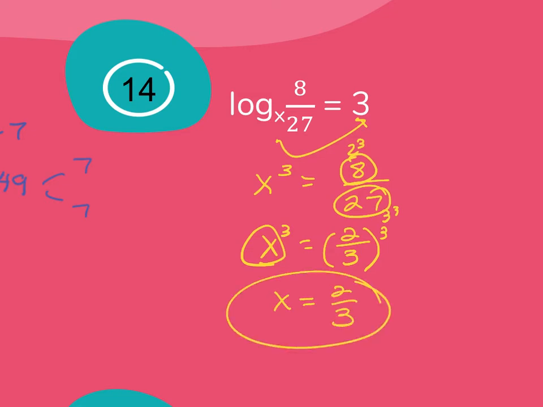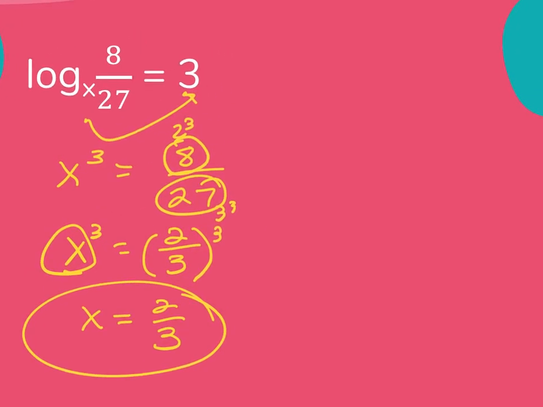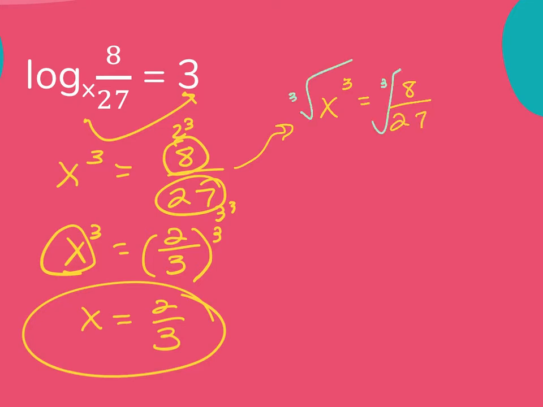From here, you can actually just cube root this. So x to the third equals 8 over 27. To get rid of the third, I could cube root it, right? And x would equal the cube root of 8 over the cube root of 27. And the cube root of 8 is 2, and the cube root of 27 is 3.